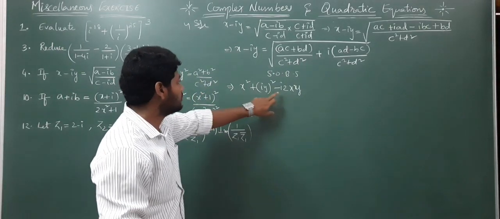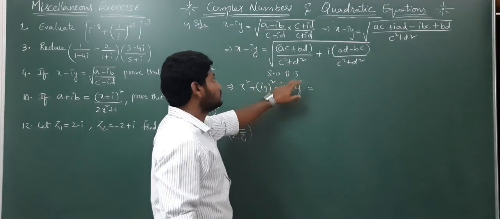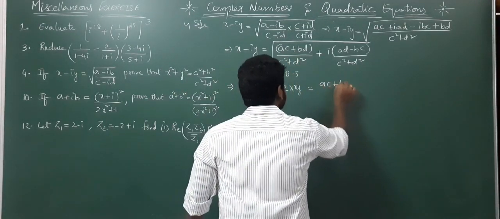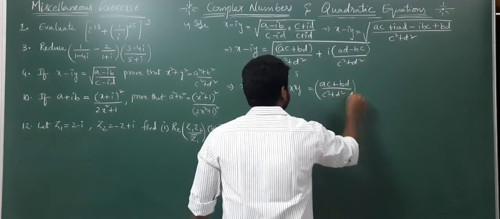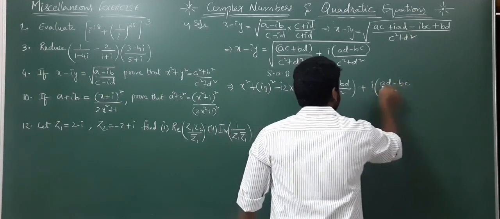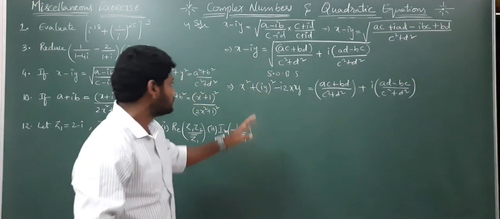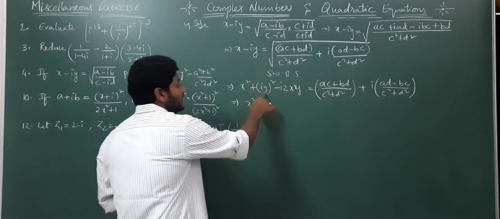On the RHS, if we do squaring on both sides, the root will get cancelled. So it will be in the form of AC plus BD by C square plus D square plus i into AD minus BC by C square plus D square. If you observe here, X square plus iY whole square.